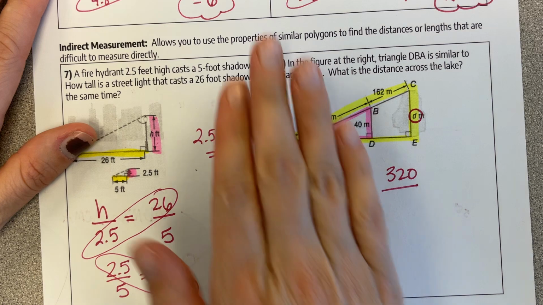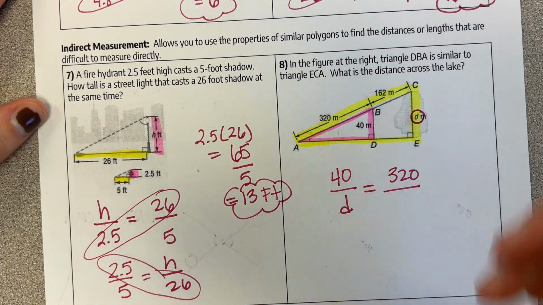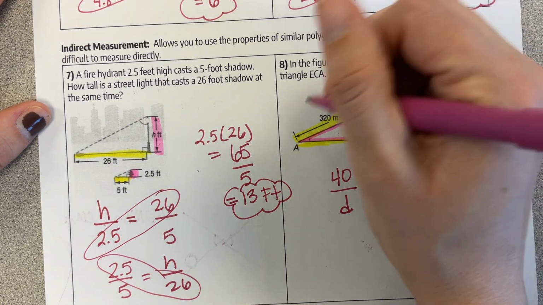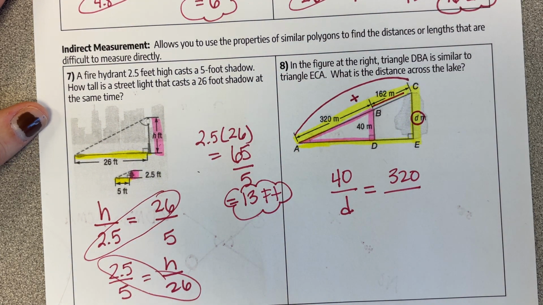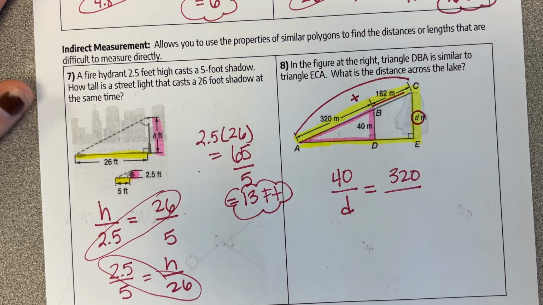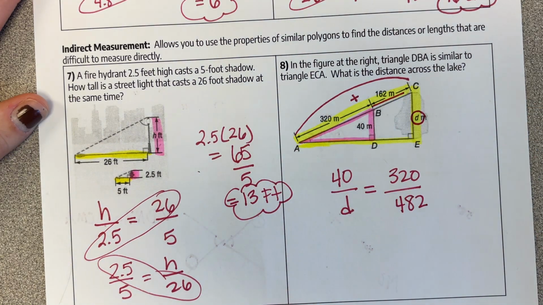But the most common mistake is people will just take the other number 162 and put that here. We don't want just this portion right here. We need the whole entire side length. So we're adding 320 plus 162 to get 482 because that's the whole side of that triangle.